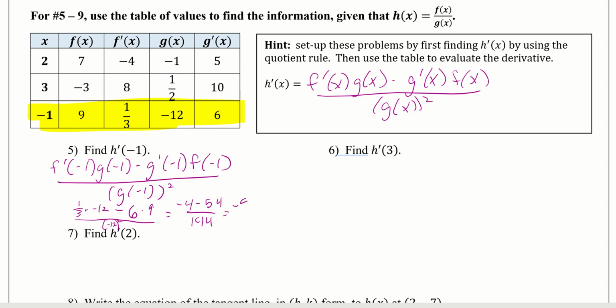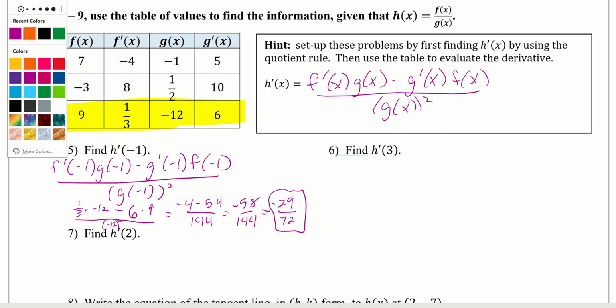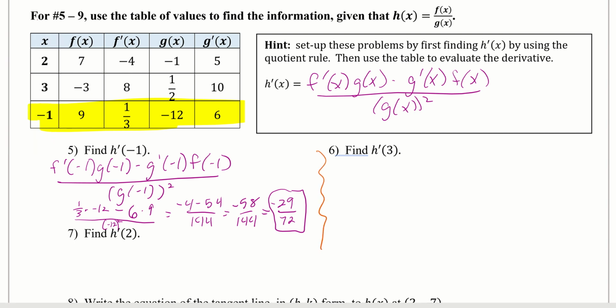So this would be negative 58 over 144, which we can reduce it down to negative 29 divided by 2 over 72. Okay. Nice. So the next two, I'll try to be a little more careful with plugging it in, but I'm just going to go through here.